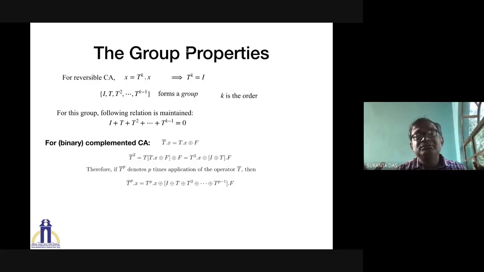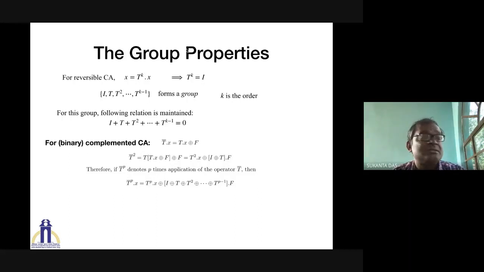A complemented CA is a CA in which all of its rules are either linear rules or complemented rules, and a rule is called complemented if it is the complement of some linear rule. Please recall that. Complemented CAs are characterized by two things: the T matrix and the F vector.